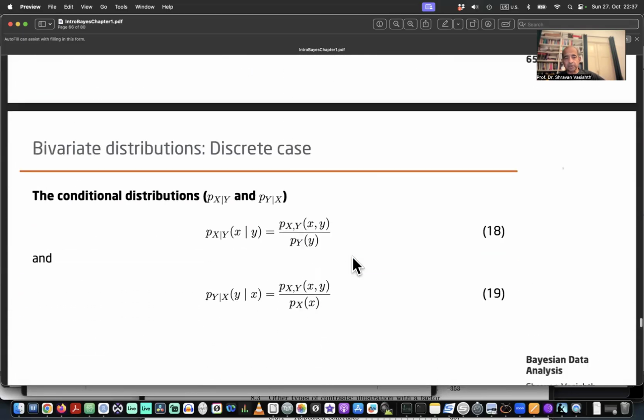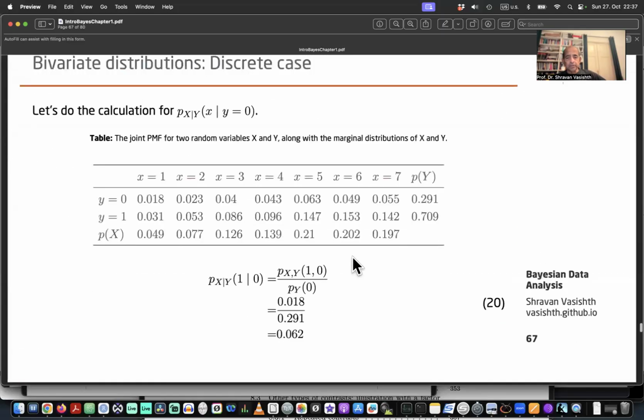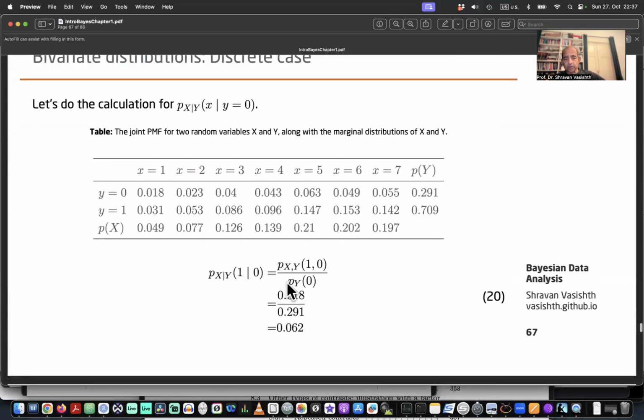Because you need them in the denominator, right? And so anyway, here we go, right? So I know from the marginal distribution of y that the probability of observing y is 0.291. So I've got my numbers, 0.018 and 0.291. So I divide 0.018 by 0.291, and I get the probability for this particular set of outcomes, right?